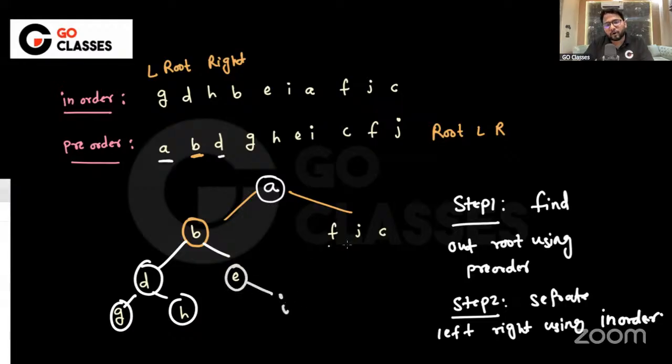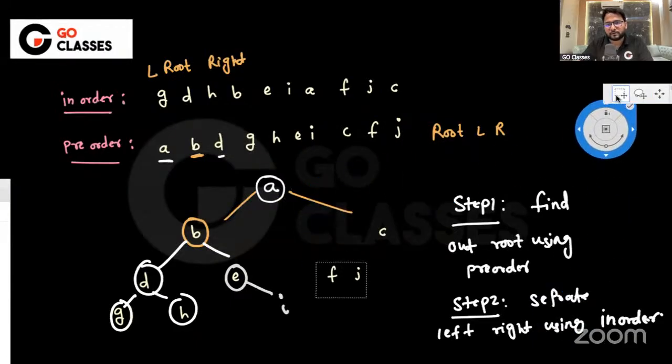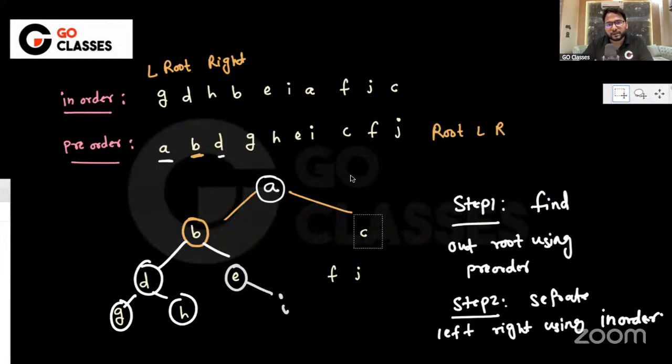What is the root among F, J, C? C is the root and FJ on the left. Among FJ, who is the root? F is the root and J is on the right. So basically it is looking like this.